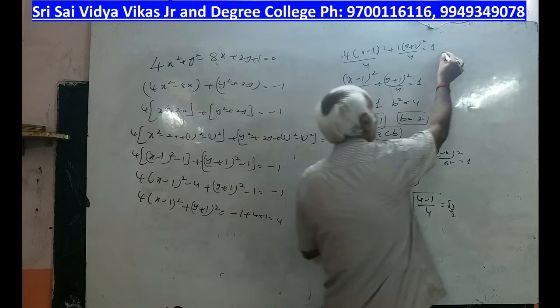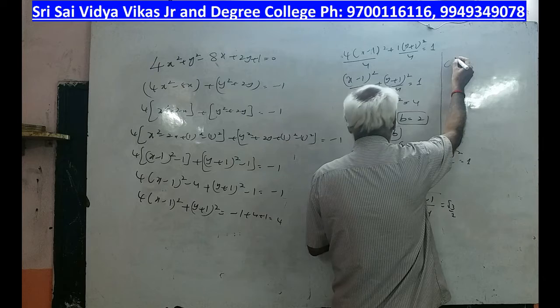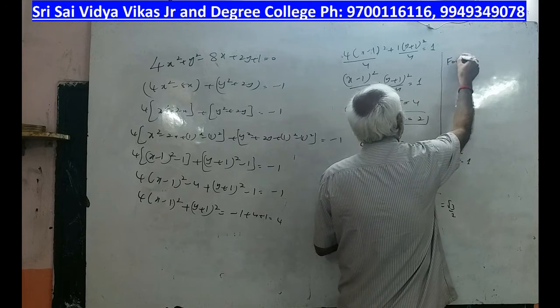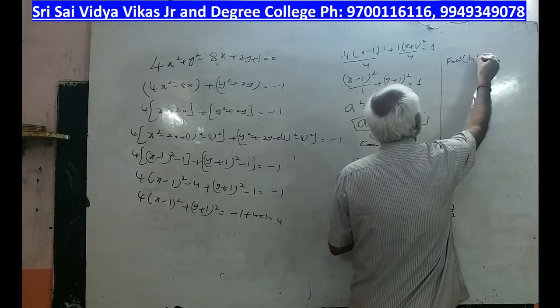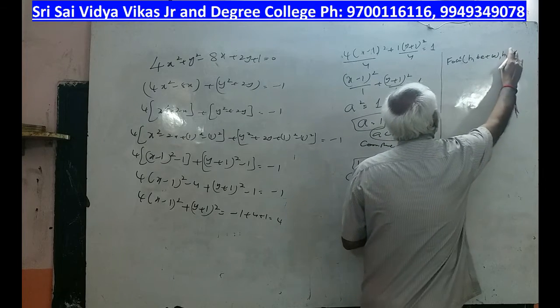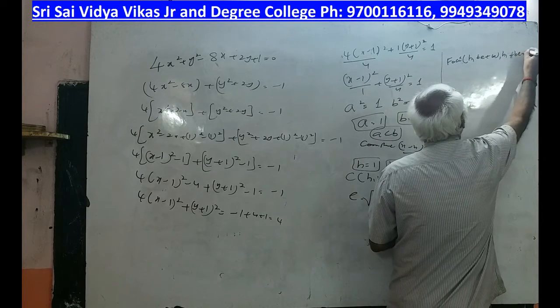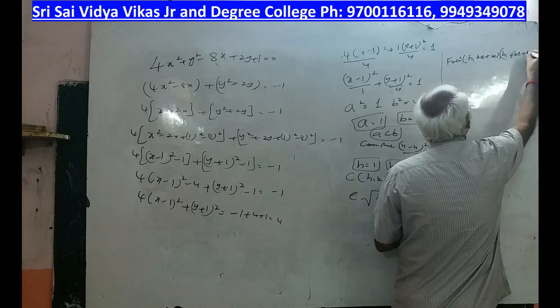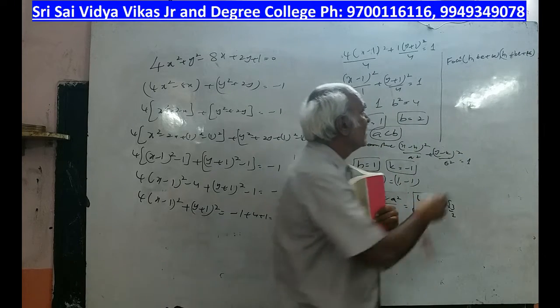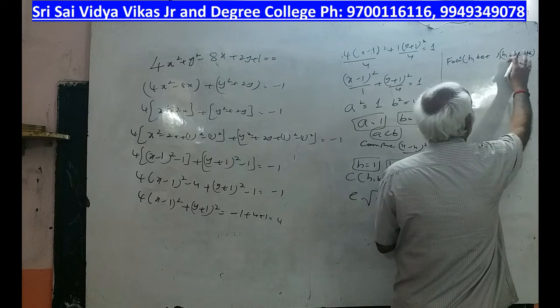Now I am writing the formulas. Center is (h, k), already over. Next foci: (h, b + k) and (h, −b + k).